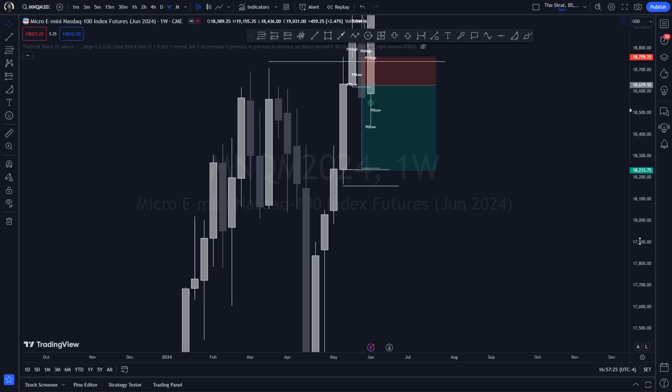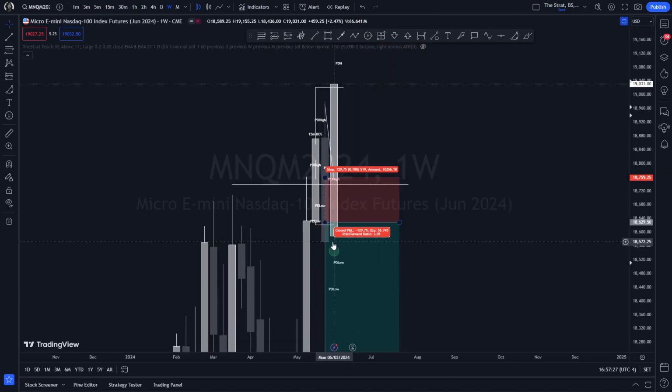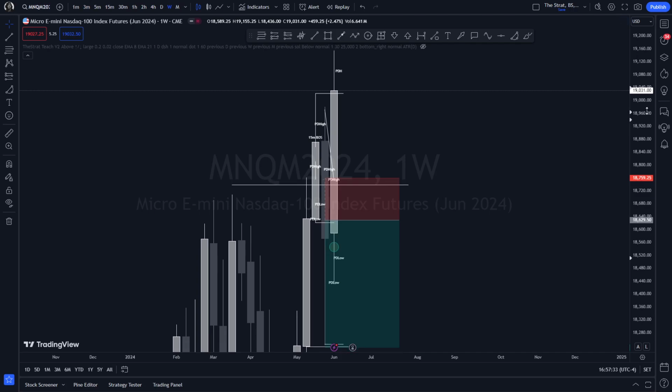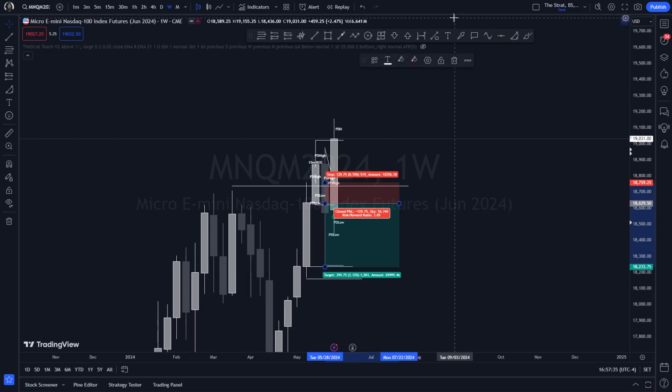On a 4 hour, it's going to look a little more skewed, but really you would enter here. I don't really like to trade off of this because I'm not swinging these types of trades. But I'm just giving you an example of how it looks as far as targeting is concerned.